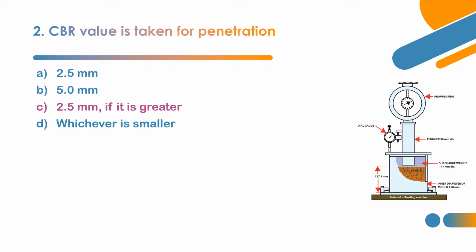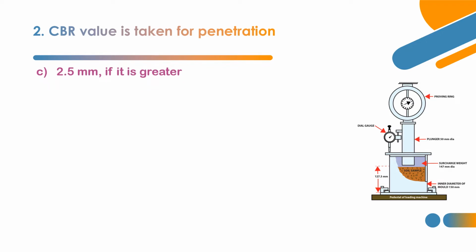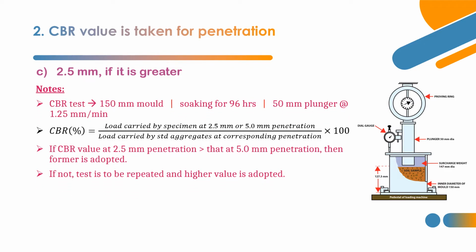The option is C, 2.5 mm, if and only if it is greater. It is not that 2.5 mm has one value and 5 mm penetration has another, and blindly we take the 2.5 mm value. Only if it is the greater value for CBR, then we have to take that value as the CBR value to be adopted.